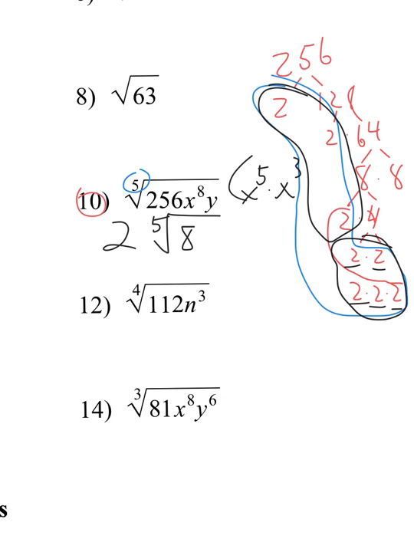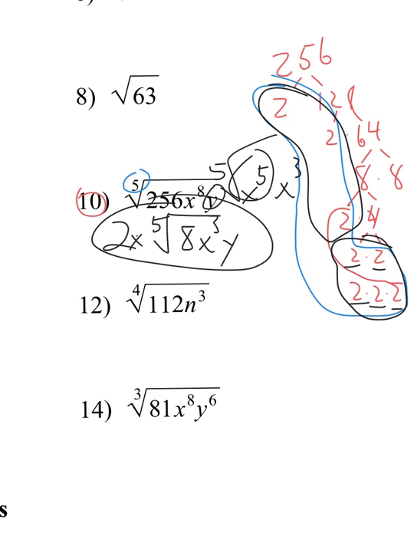Why did I do that? Because I can take the fifth root of x to the 5th. That's going to pull an x out in front. It's going to leave me with that x cubed still underneath there. And then I also have this y, and it's to the 1st, so I can't pull any y's out. So it's 2x out in front of my radical, fifth root of 8x cubed y.